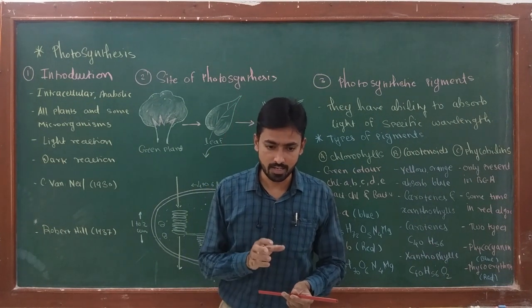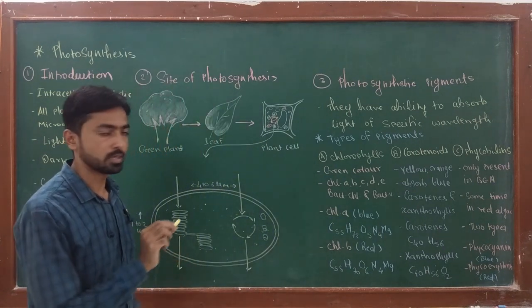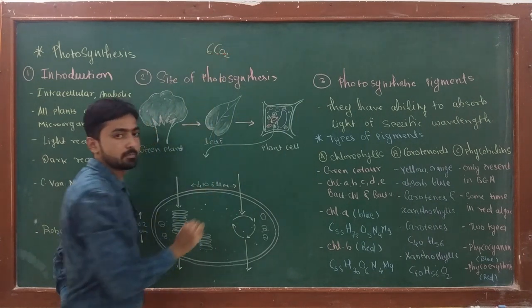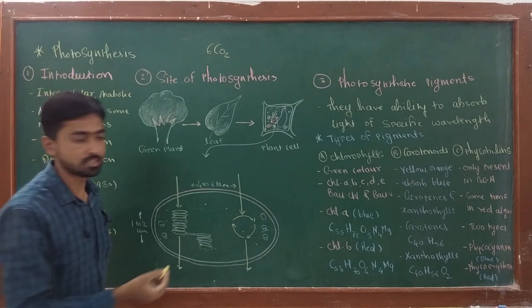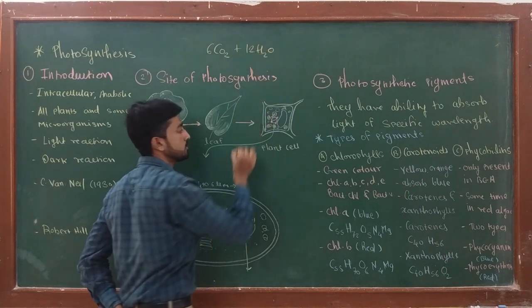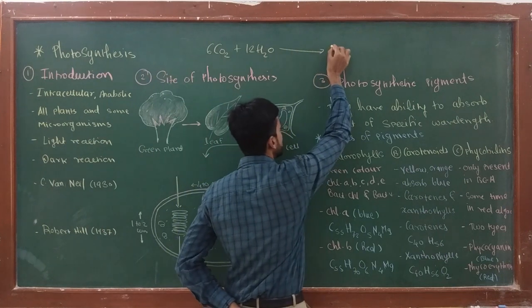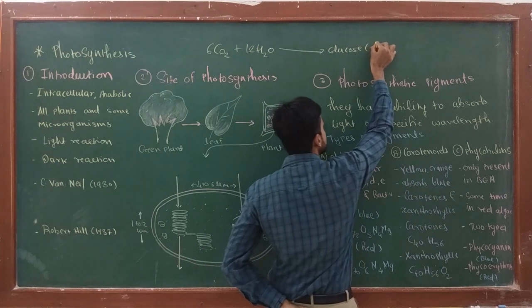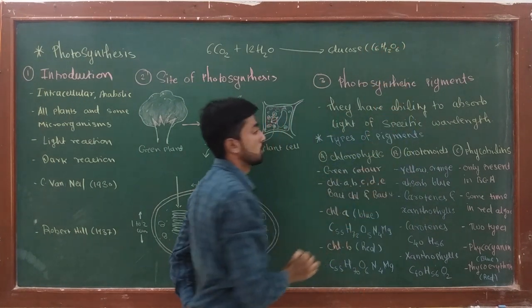Okay, and the reaction of photosynthesis is summarized in a single very simple equation. In photosynthesis, plants use carbon dioxide, which is generally an inorganic molecule present in nature. Then they also use water, and from carbon dioxide and water they produce glucose, C6H12O6.